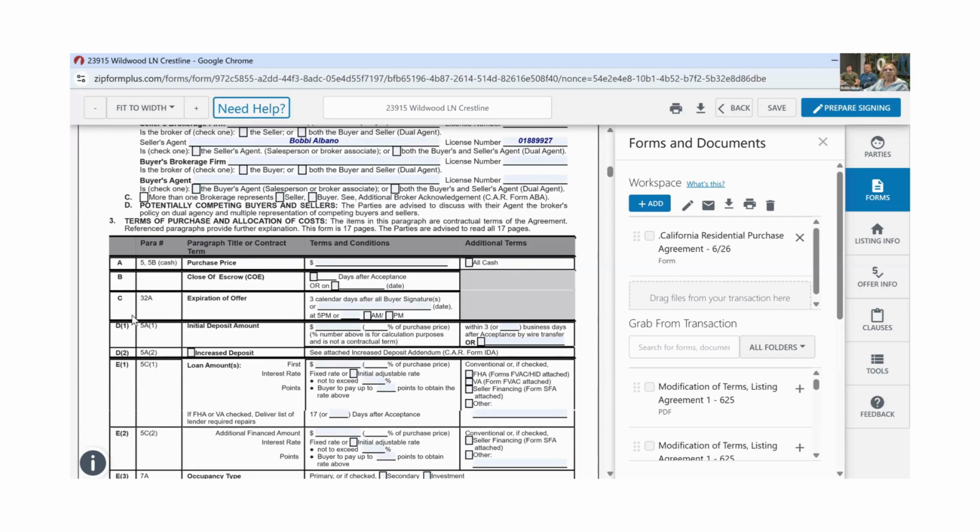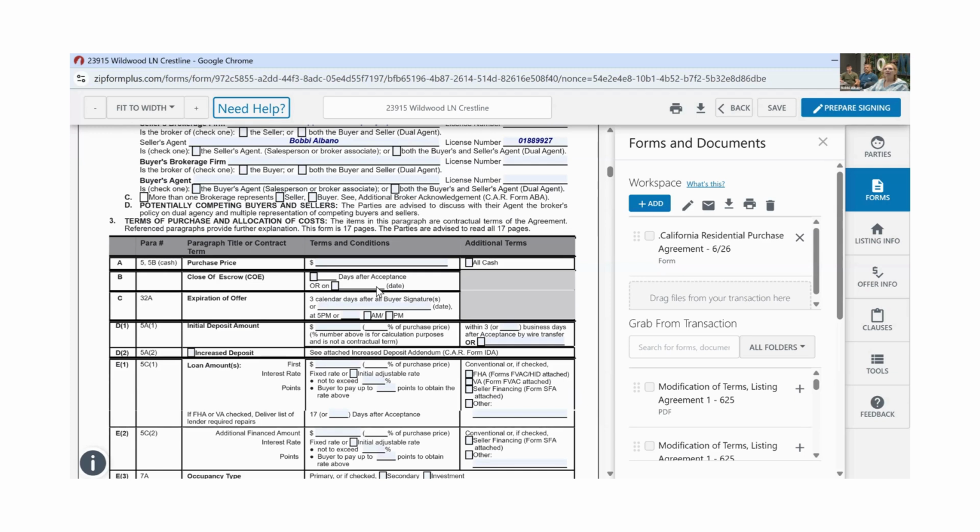Okay, so A, purchase price, check here if it's all cash. B, close of escrow. You get two choices. You can put the number of days or you can reference a date. Always check with the lender on this one.